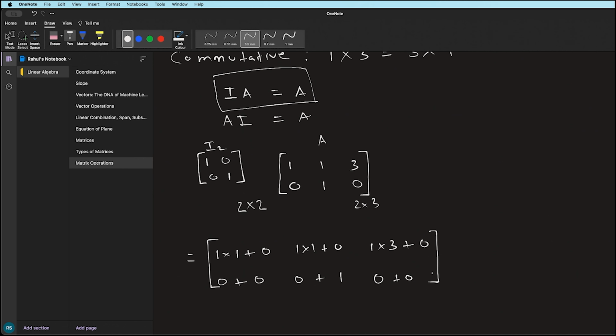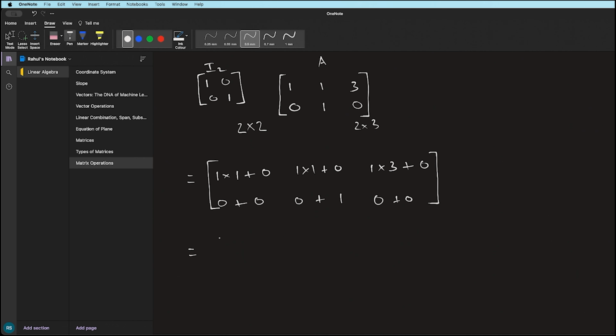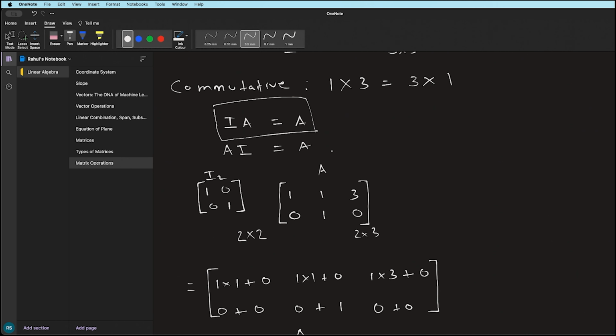So the result will be 1 1 3, 0 1 0, which is nothing but the matrix A. Hence we have proved that multiplying the identity matrix with A results in A, that is I dot A equals A.